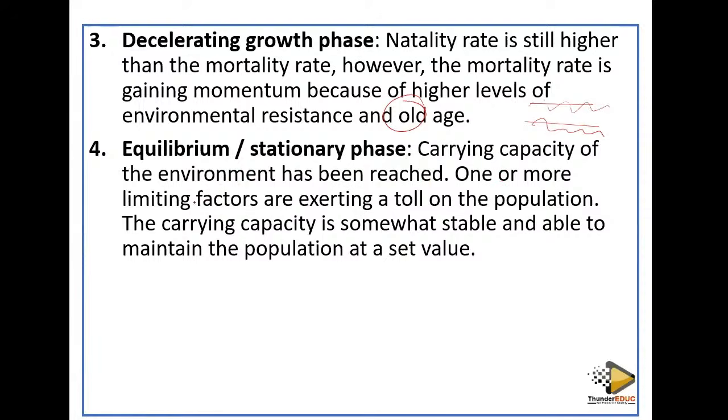One or more limiting factors are exerting a toll on the population. The carrying capacity is somewhere stable and able to maintain the population at the same value, meaning the population is fairly stable.